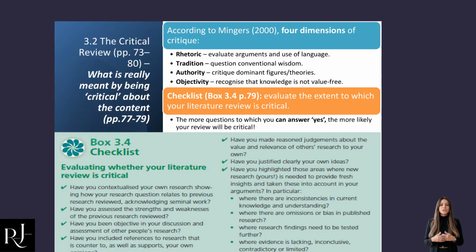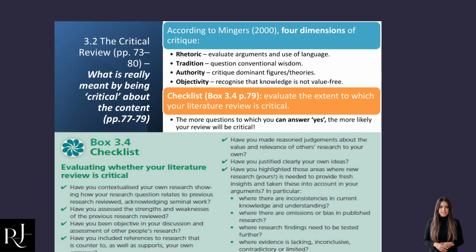To be truly critical, you should consider the 4 dimensions of critique proposed by Mingers. First is rhetoric, evaluating the arguments and the language used. A second is tradition, questioning the conventional wisdom of the field. Third is authority, critiquing the dominant figures or theories.